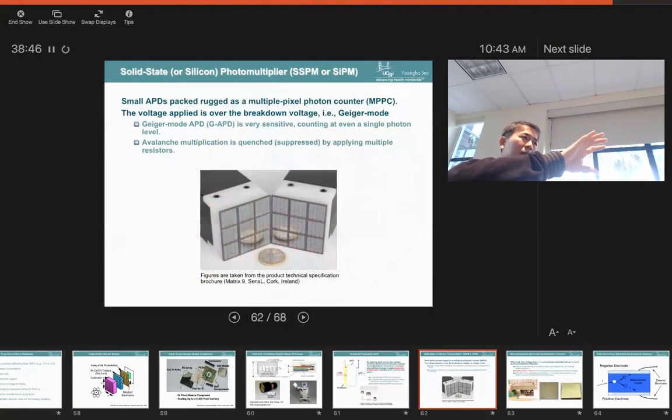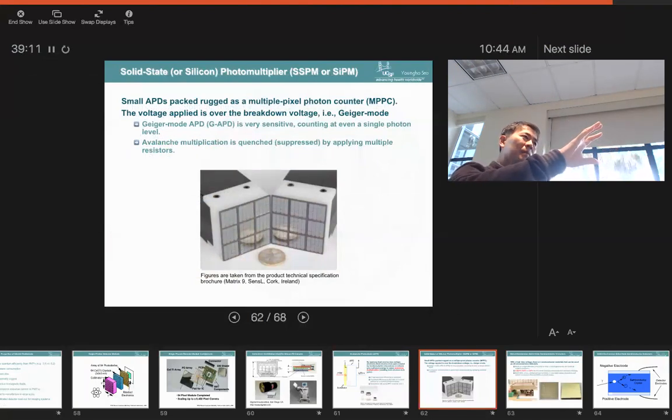I cannot say that is state of the art, but the most conventional gamma cameras are still commercially made of sodium iodide coupled with PMT. Newer gamma cameras actually come with the CZT detector that I'm going to talk about after this slide. Okay, that's the current state of the art for SPECT imaging.